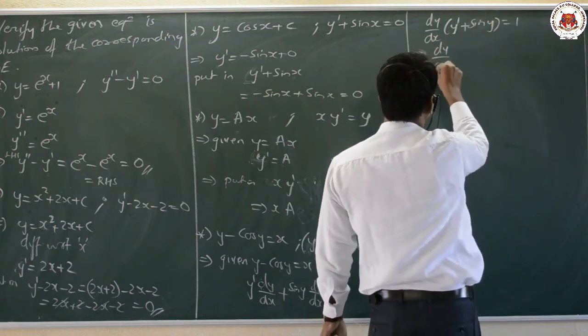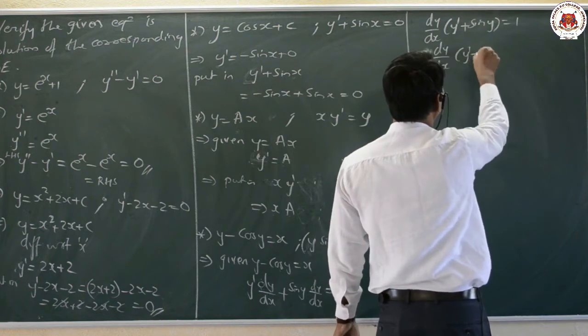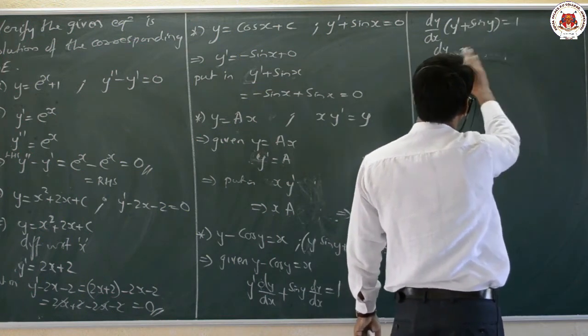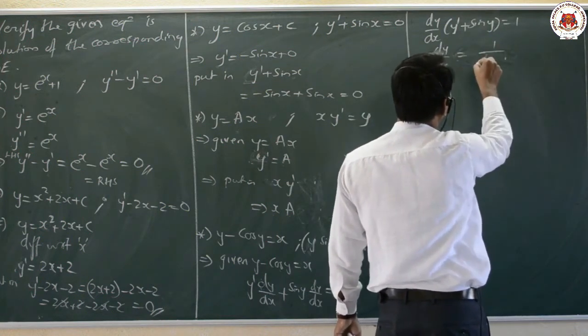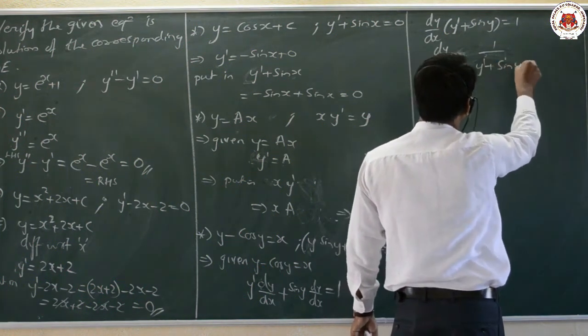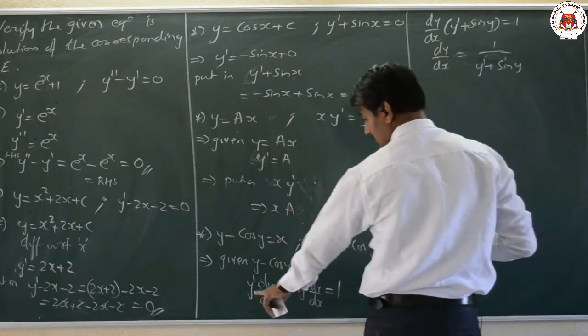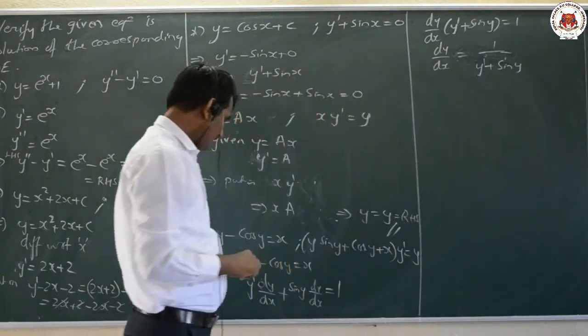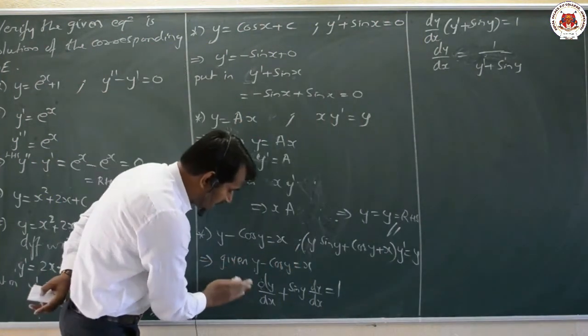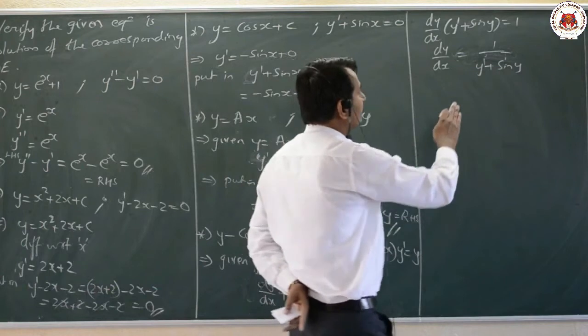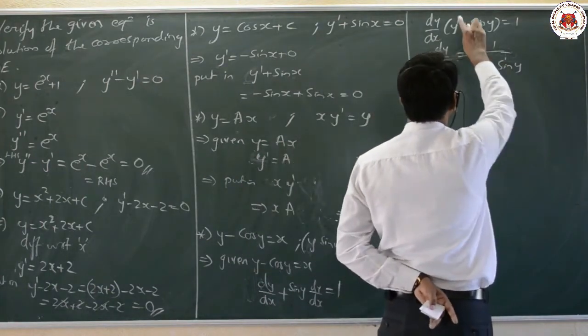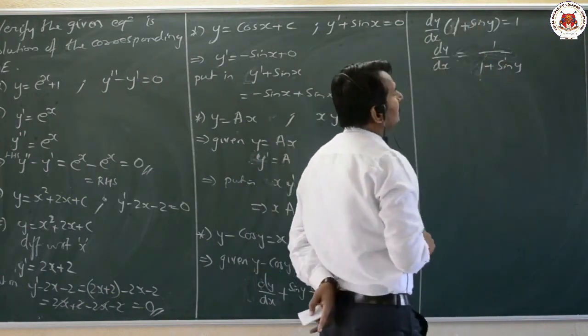That implies dy/dx = 1 divided by (1 + sin y). Here y' is nothing but dy/dx, and it is 1 divided by 1 plus sin y.